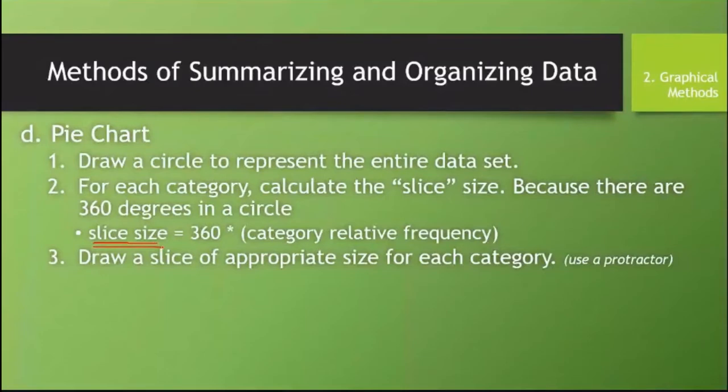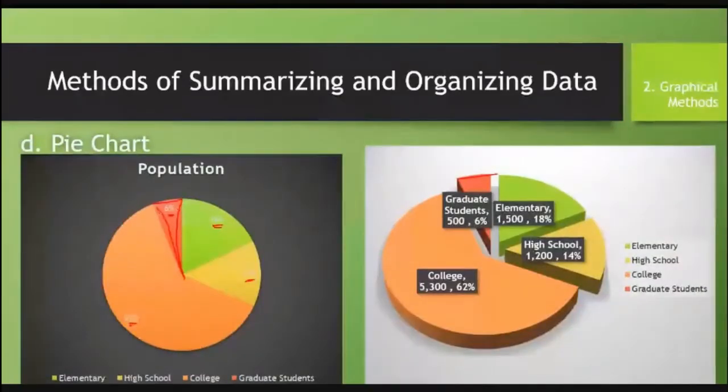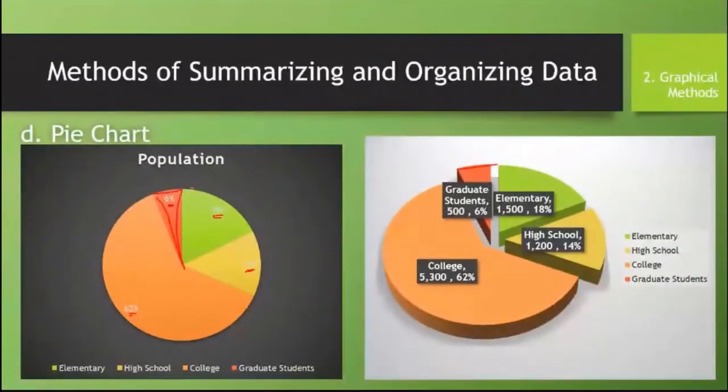Since protractors have degree measurements, we can get the equivalent degrees of your size. Say, if this is 6%, you get 6% of 360 degrees and measure an angle equivalent to 6%, and that would be your slice size.